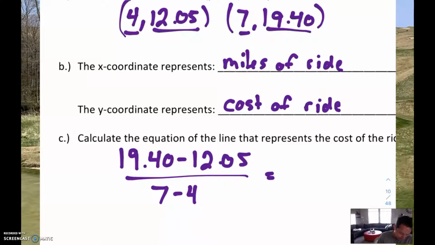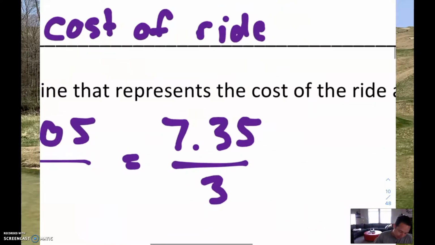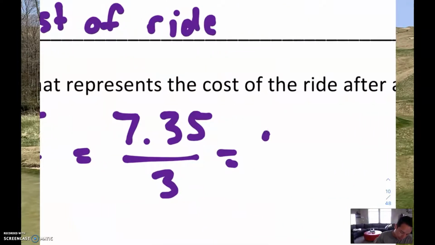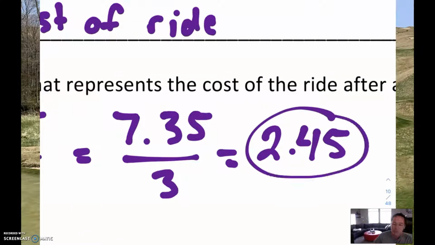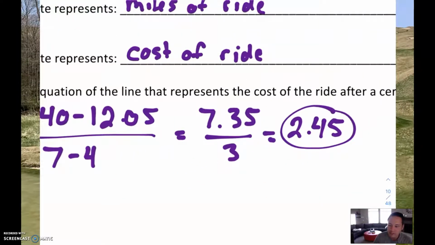And if we subtract, we end up getting 7.35 over 3. And we're going to divide these again. So 7.35 divided by 3. If we divide these, we get 2.45. And that's going to be our slope. We'll interpret what that slope means in a little bit.